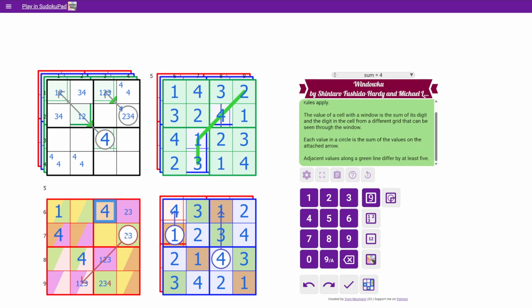So a 4 must go there, a 4 must go there. Pink cannot be 1. So this is a 2, 3. And that gives us a 1 here, and a 1 here, and a 1 here. So that is not pink.